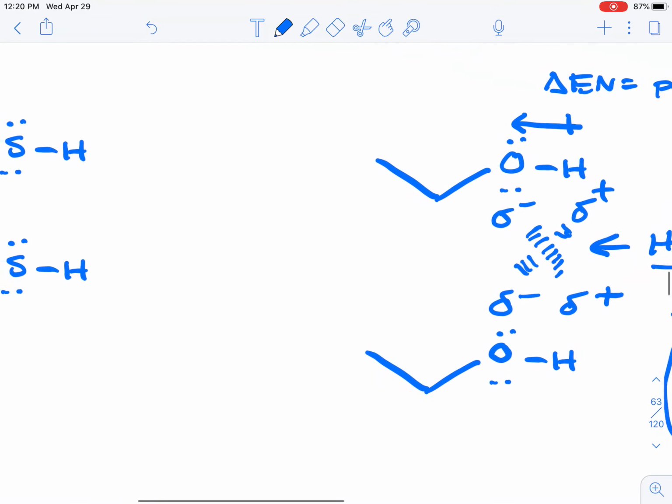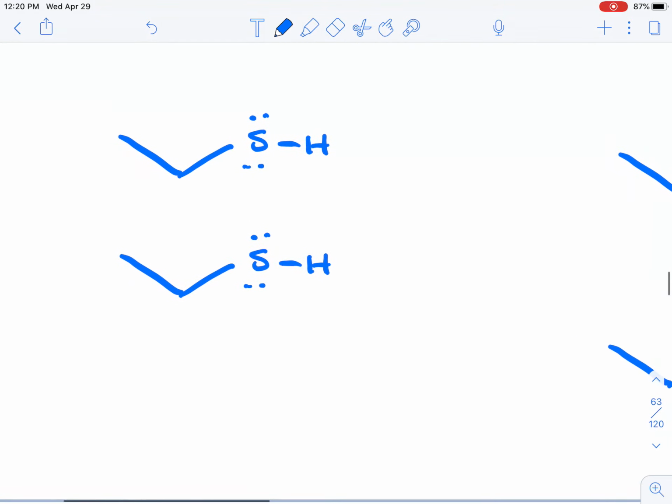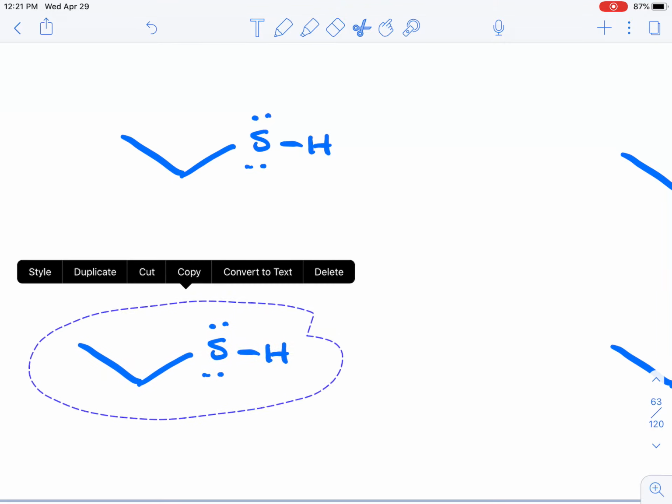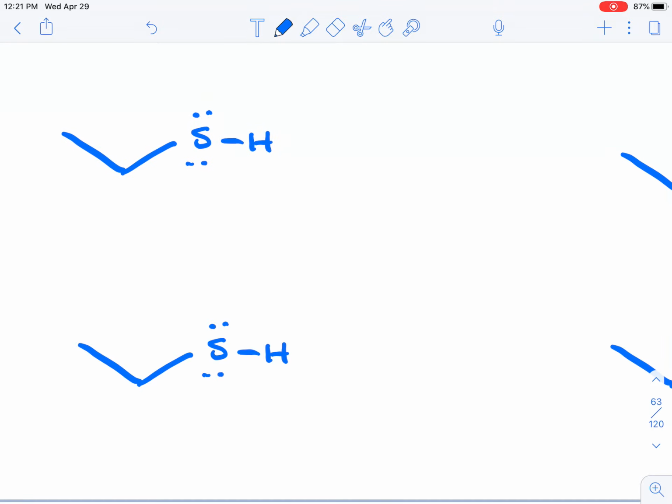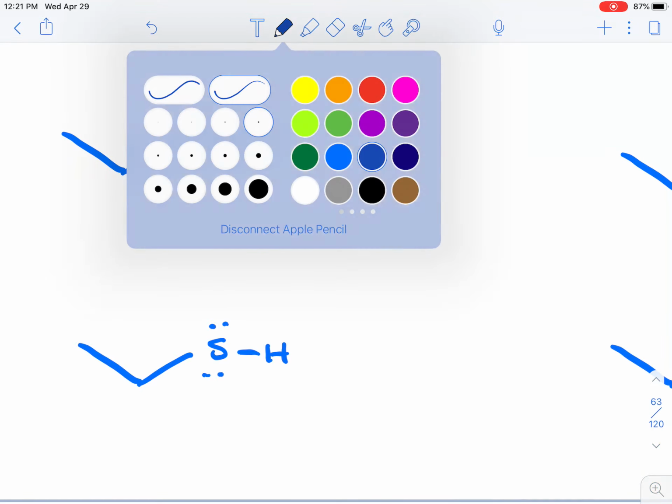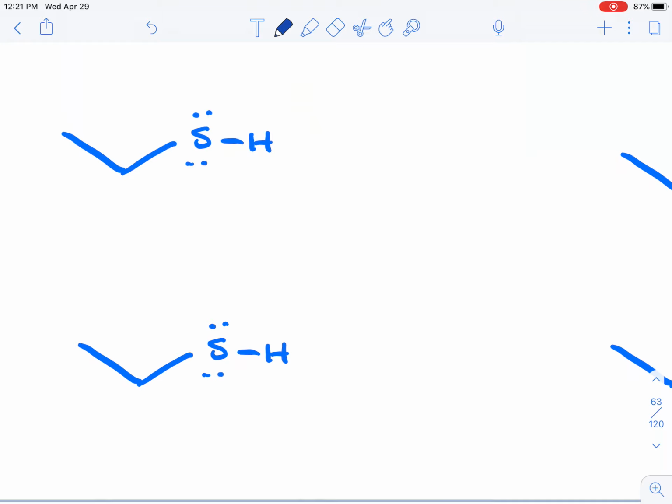And so we're going to go ahead and take that idea and apply it to sulfhydryl groups. Okay. And so for sulfhydryl groups, if you calculate the change in electronegativity between sulfur and hydrogen, the change in electronegativity is very close to 0.4. And so that tells us that this bond is going to be non-polar covalent.